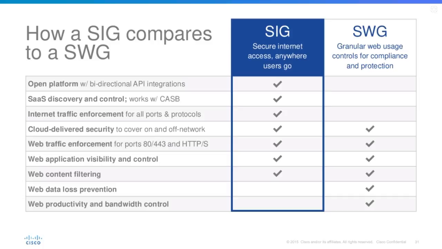I kind of wanted to throw this in here. There is a movement in general with the security vendors that are providing cloud services. You go back a number of years and they were, for the most part, what were called secure web gateways. And these were providing that secure web proxy functionality primarily for ports 80 and 443, and encrypted traffic like HTTPS.